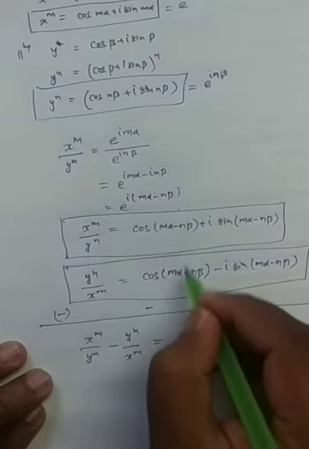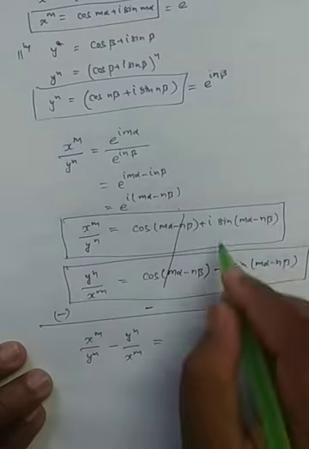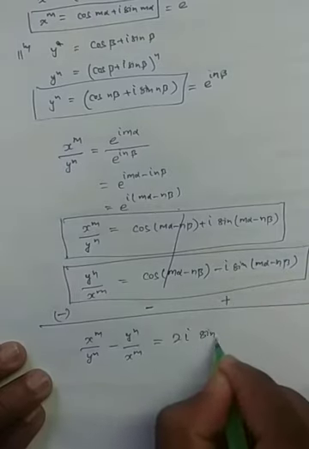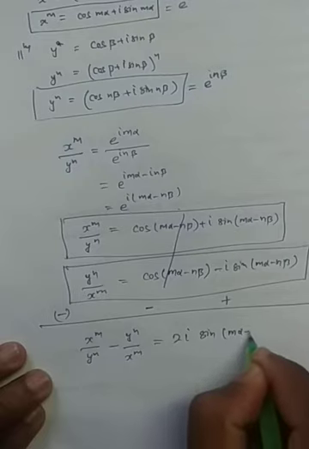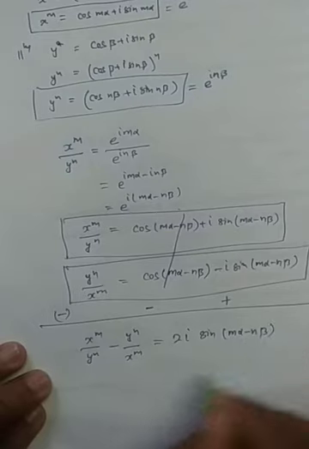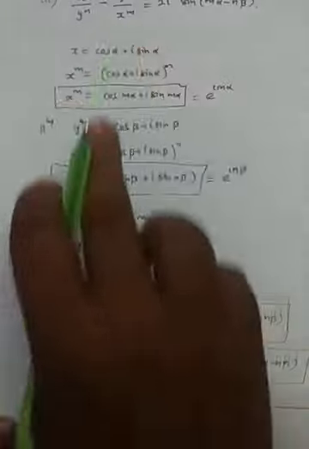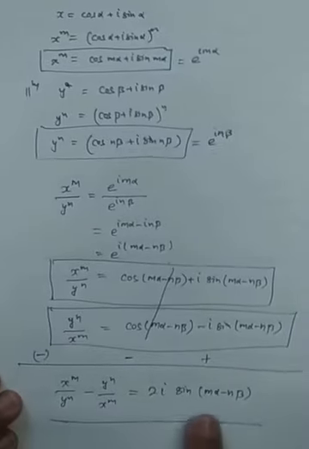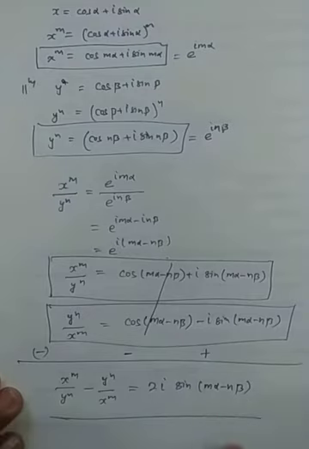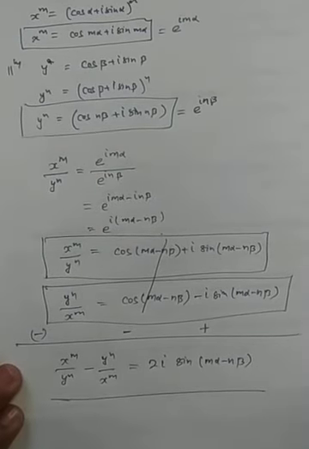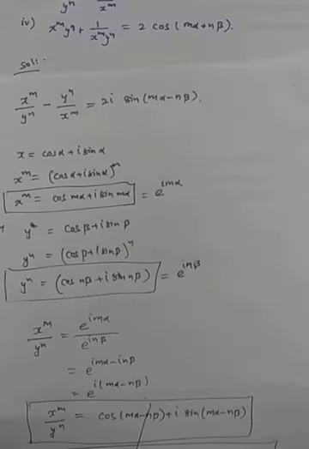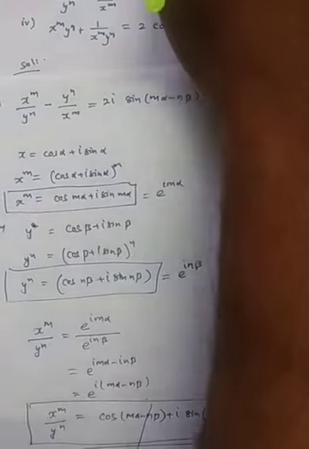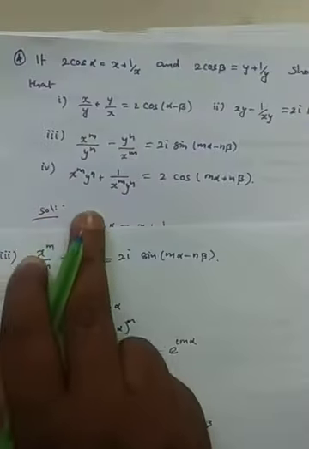So the cos(mα − nβ) terms cancel, and the sine terms add, so 2i sin(mα − nβ) will come. That is the proof of this question, 2i sin(mα − nβ). Keep that in mind. Is that clear?